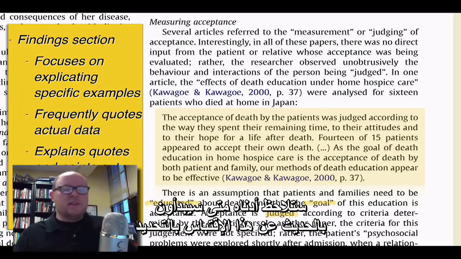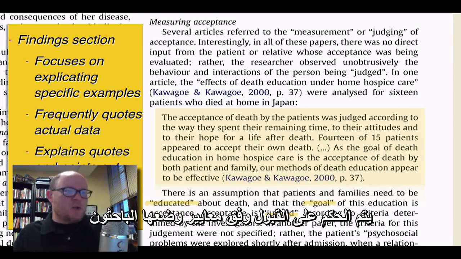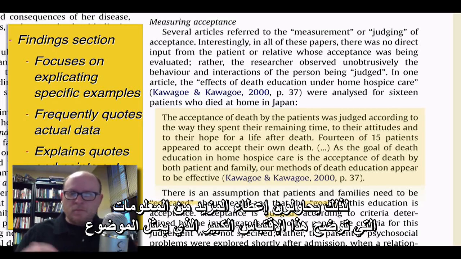And you'll notice below when they start talking about this particular quote, and they explain what's going on, they say there's an assumption that patients and families need to be educated about death, and that the goal of this education is acceptance. Acceptance is judged according to criteria determined by the investigators. So they're trying to give more information about that larger quote that represents the theme.